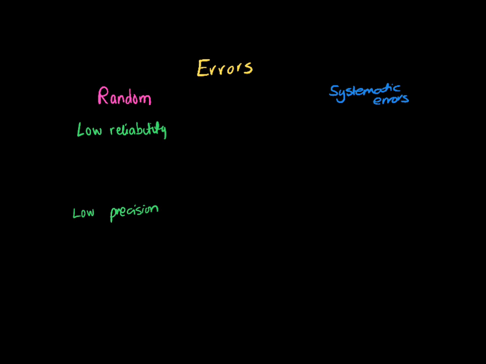Low reliability: sometimes if you're using anything that is organic, as in plants or food or products that have come from living things, inherently you are going to have variation that comes from the fact that they would have had different growing conditions. They might have been stored differently. They might have had different amounts of sunlight. So living organisms always give you random errors. That's just the nature of living things.